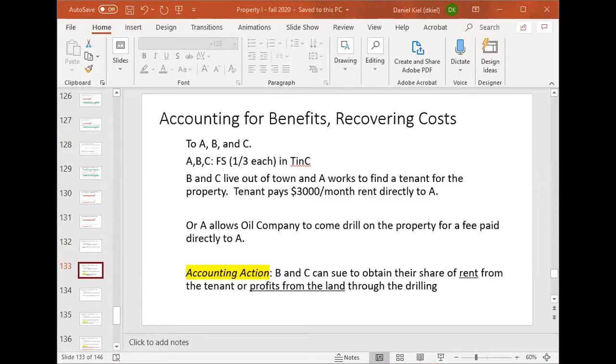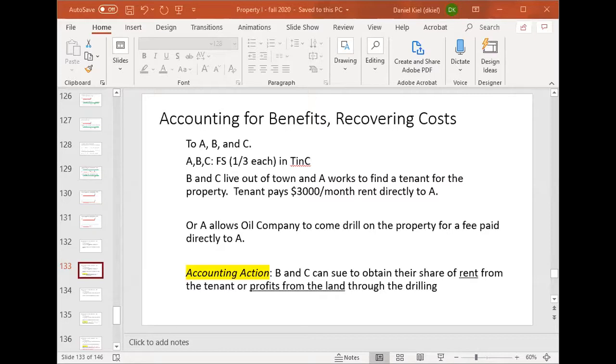Rather, this accounting action is meant to account for value that is directly tied to the ownership of the land, like rent, or like profits from the land, like from oil drilling or something along those lines. Okay, so an accounting action allows for B and C to sue to get their share of the $3,000 each month.